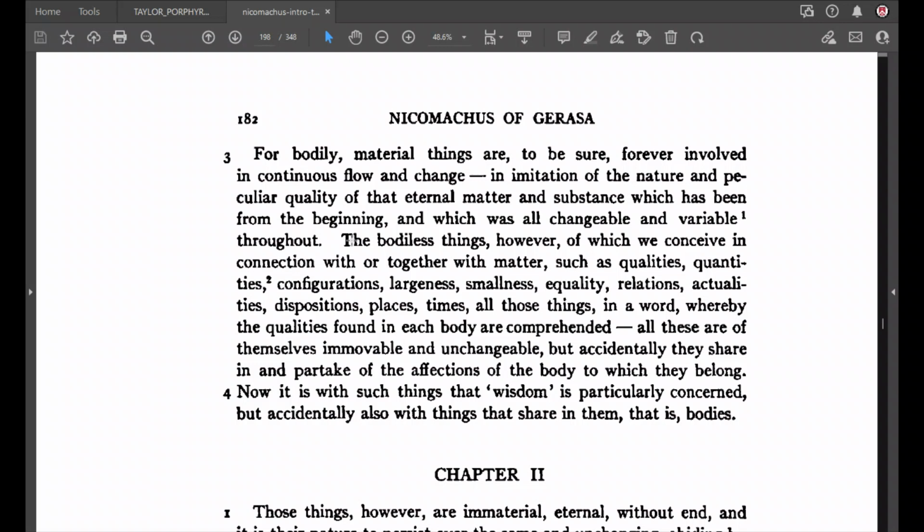It is with these things that list their qualities, quantities, configurations, largeness, smallness, that list of things. And we're going to understand that more when we get into Aristotle's reasoning. Those are the real things. But we are interested in them accidentally because they participate in physical things.